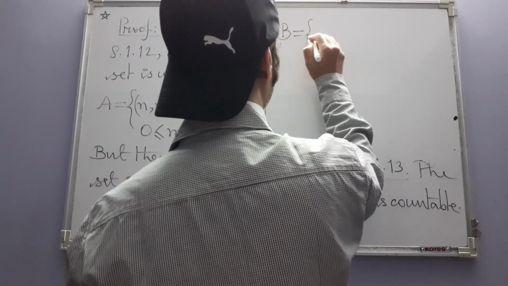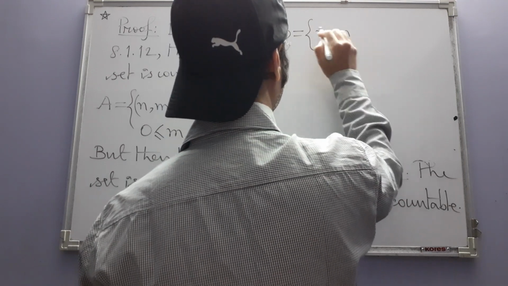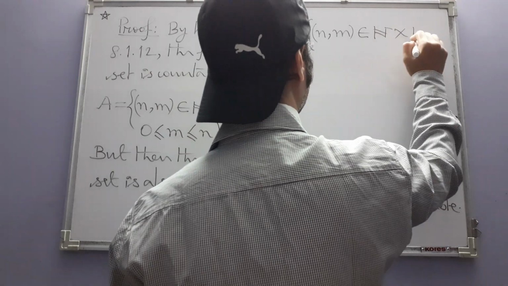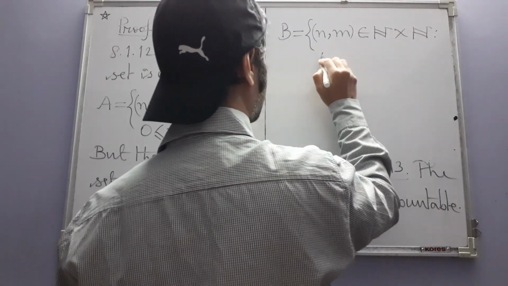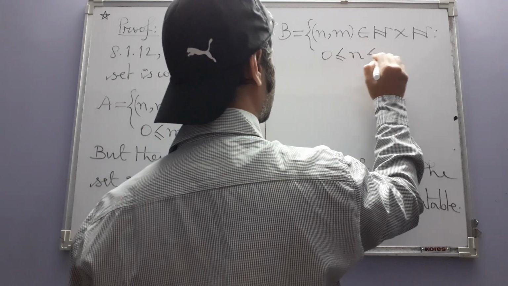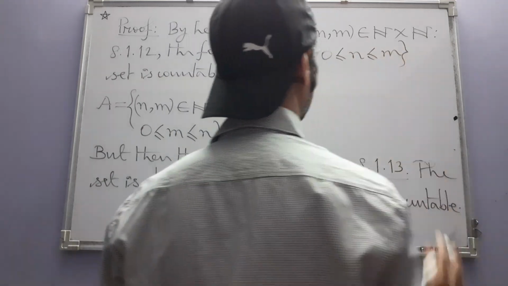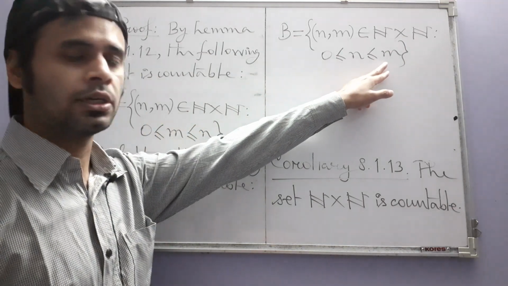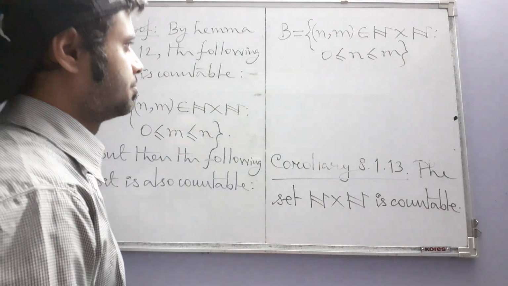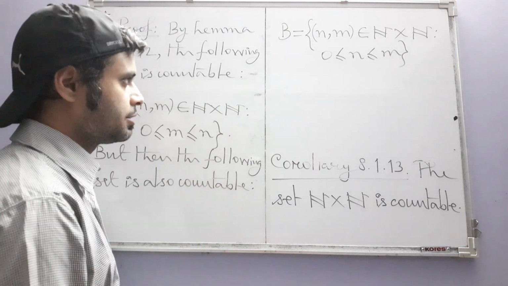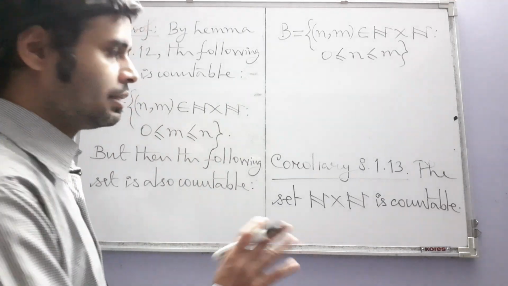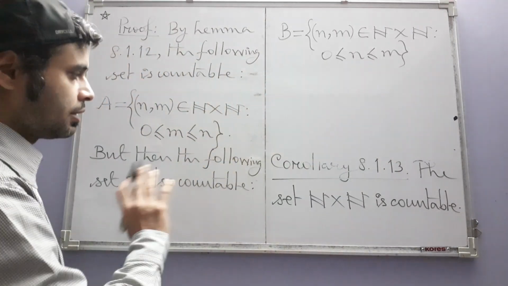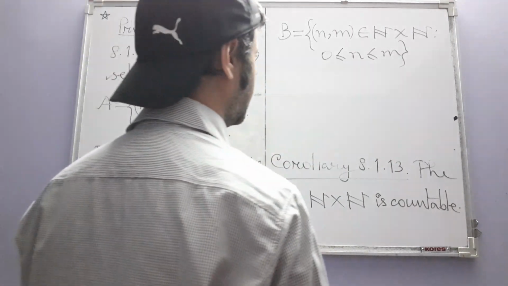Call it B. Here we just consider the other inequality. We interchange n and m. It's a different set, of course. There will be some common elements, but it's after all different. A and B are not the same thing.